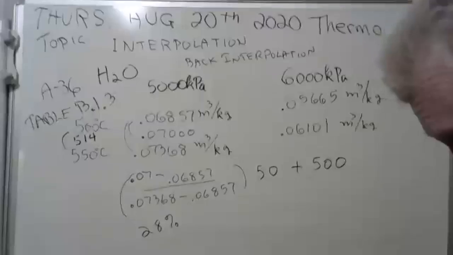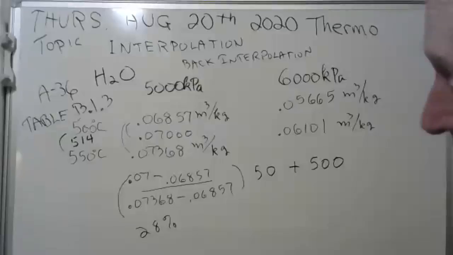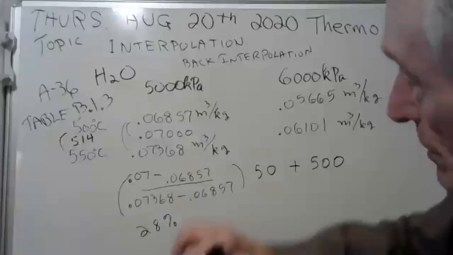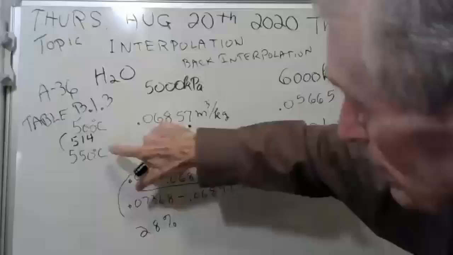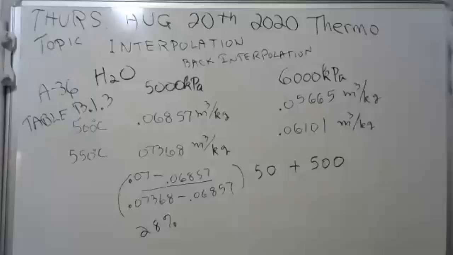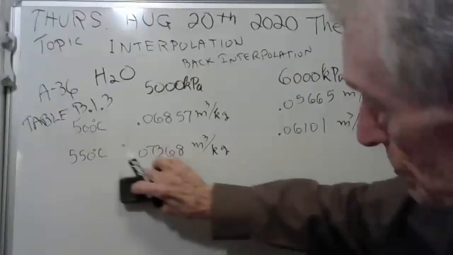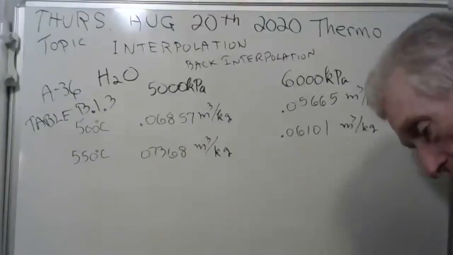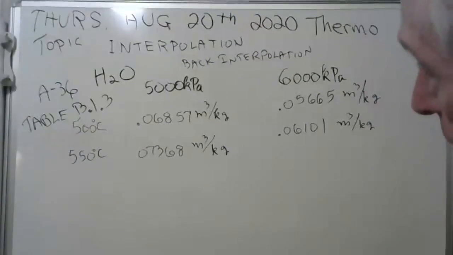All right, well, let me show you one more of these kind, if you're all happy with that. All right, we're going to do another kind. Let me erase these, and remember what we have up here are the values in your table in the back of the book. They've been compared to actual physical temperatures and pressures and volumes in the real world for steam in this case. But here's the kind of thing you might run into.